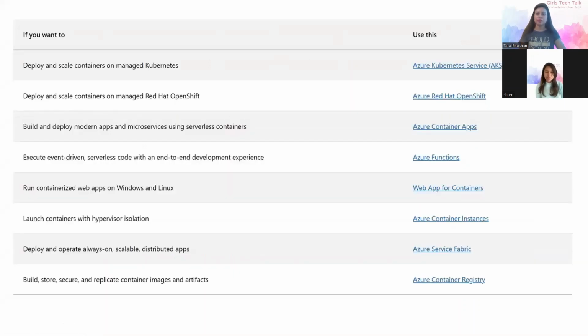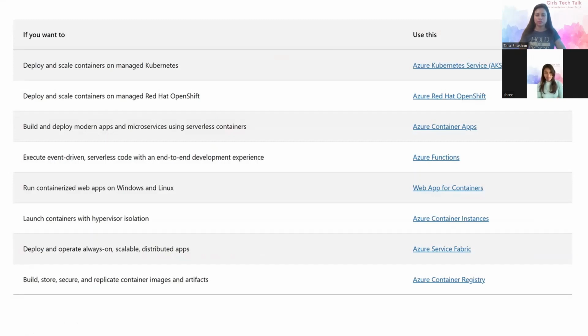We have Azure Kubernetes Service, Red Hat OpenShift, Azure Container Apps, Azure Functions, Web App for Azure, Web App for Containers, and Container Instance. Then we have Service Fabric, and Container Registry. And it's kind of confusing which service is required to build and deploy.